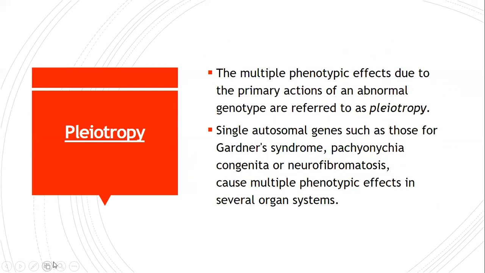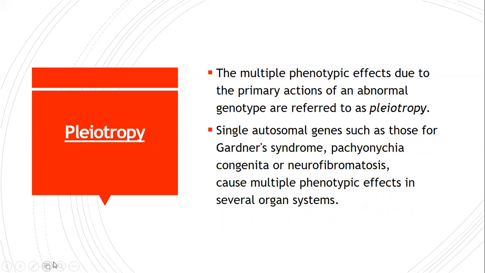Pleiotropy. The multiple phenotypic effects due to the primary actions of an abnormal genotype are referred to as pleiotropy. So a single autosomal gene, such as those in Gardner syndrome, pachyonychia congenita, or neurofibromatosis, causes multiple phenotypic effects in several organs.